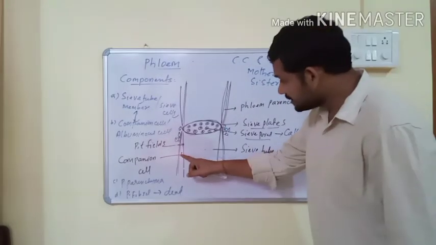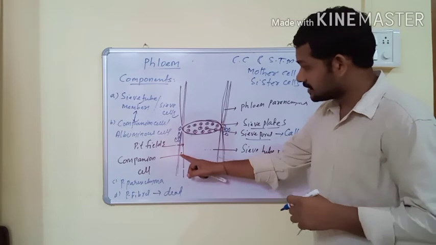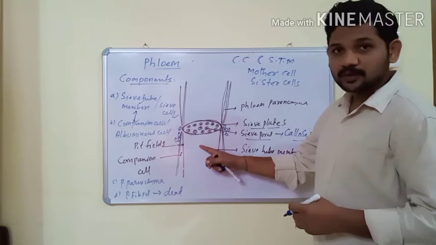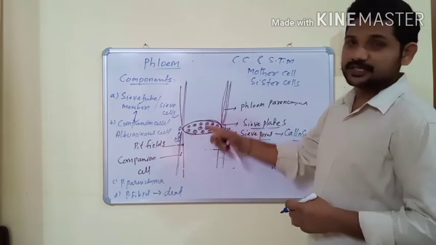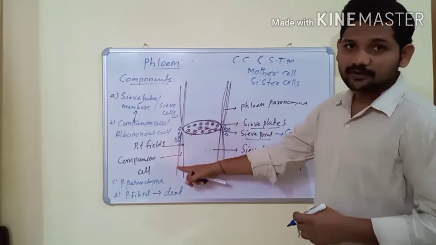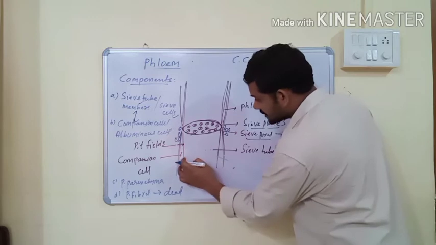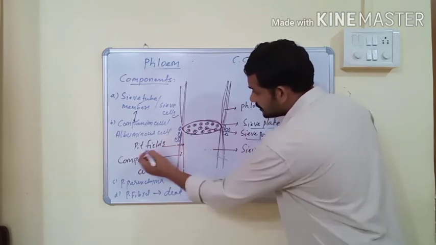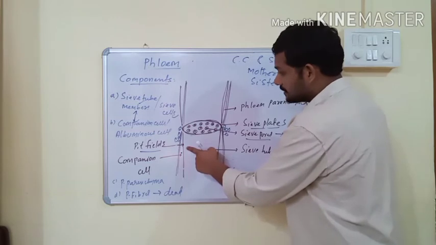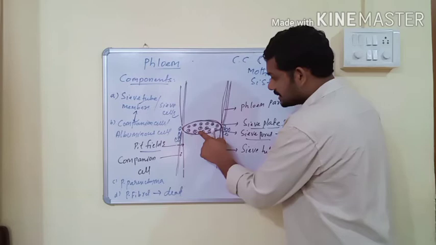A companion cell retains its nucleus even at the time of maturation, but the sieve tube member loses its nucleus at the time of maturation. Companion cells and sieve tube members are connected through pit fields, and the pit fields are stronger than the connecting strands of sieve pores.